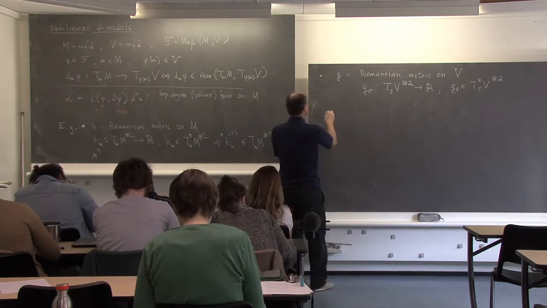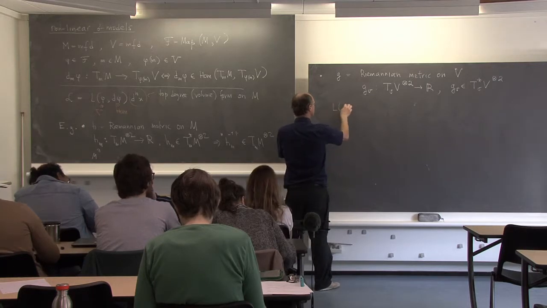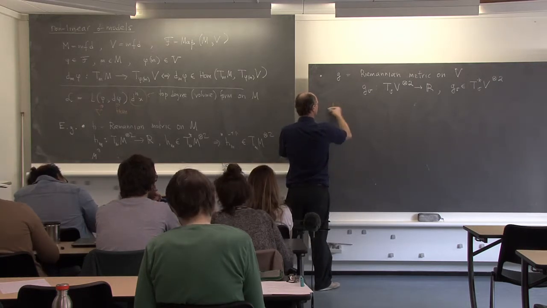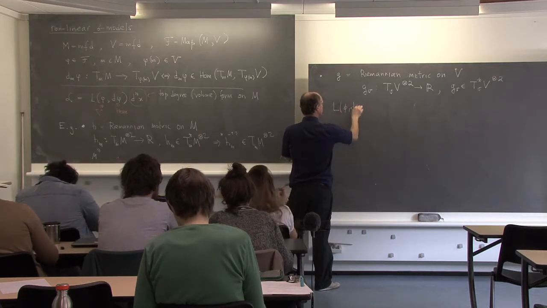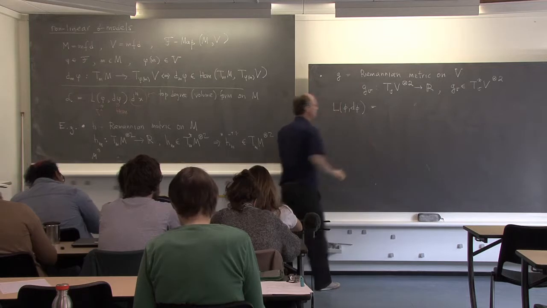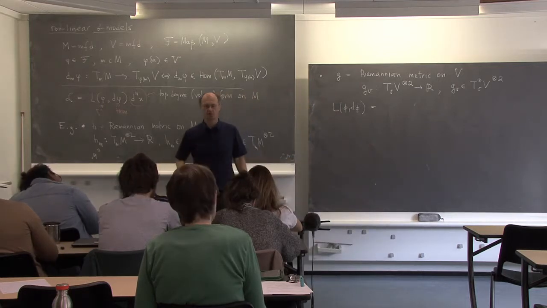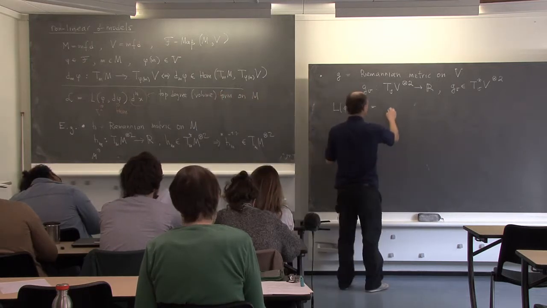So let me write L of phi, d phi. I'll write a formula, and then we'll try to understand why it makes sense.